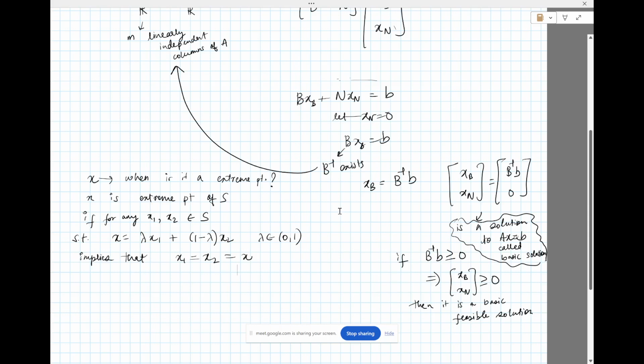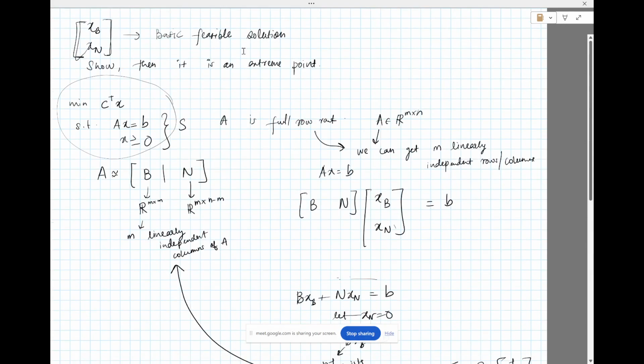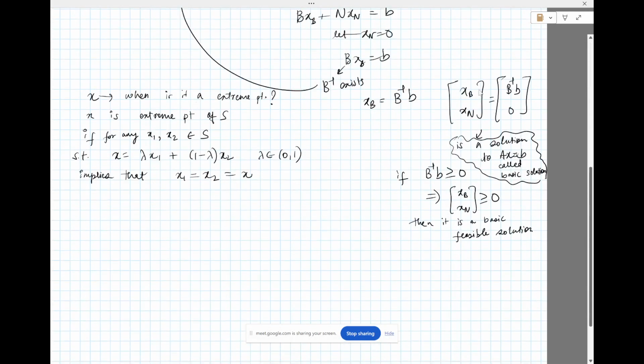So we need to show that this basic feasible solution is a convex combination of only itself.